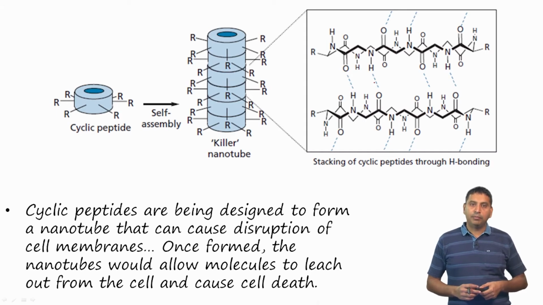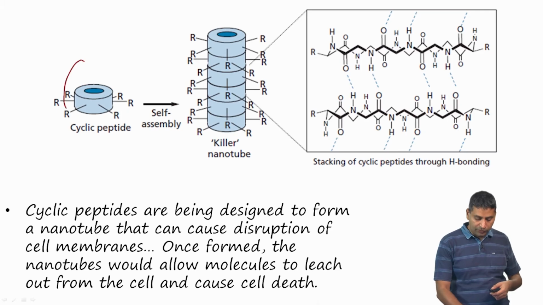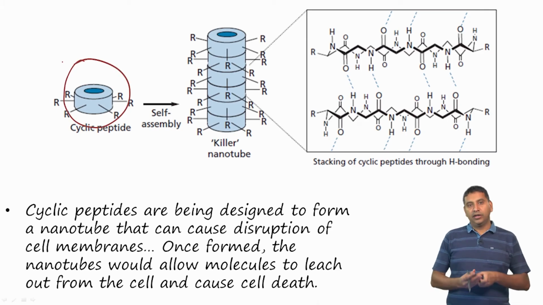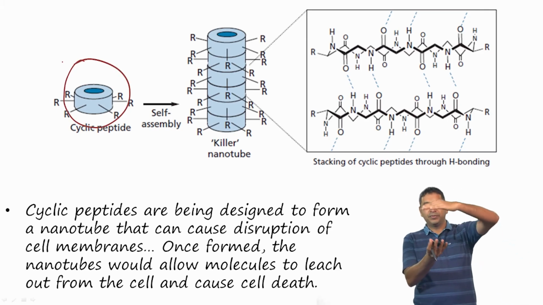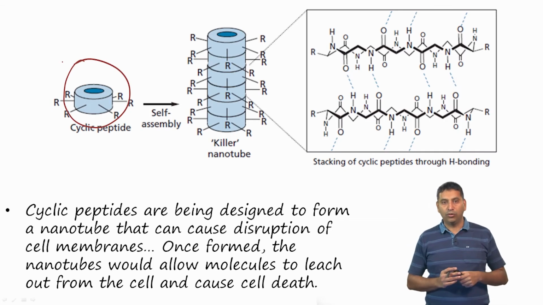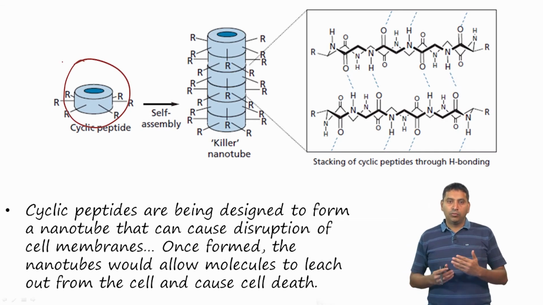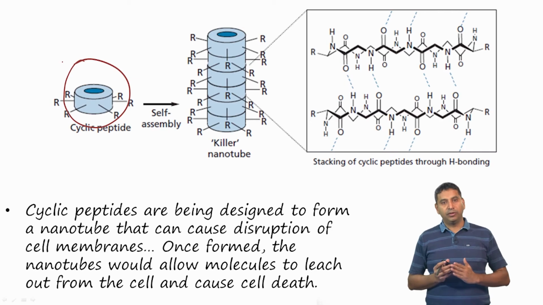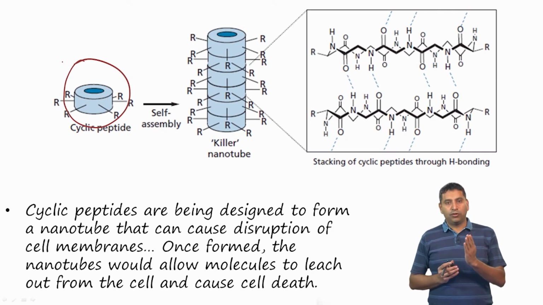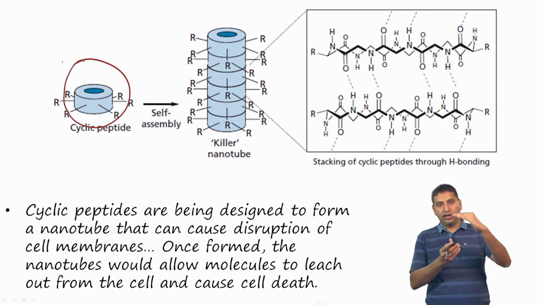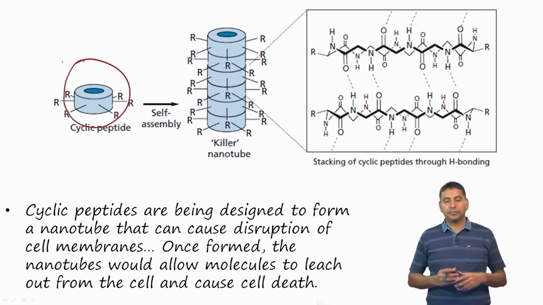This cyclic peptide is shown by this cylinder over here, and this cylinder can stack itself and form what is known as a nanotube. This nanotube can disrupt cell membranes, and once it is formed, it allows molecules to leach out from the cell and cause cell death.